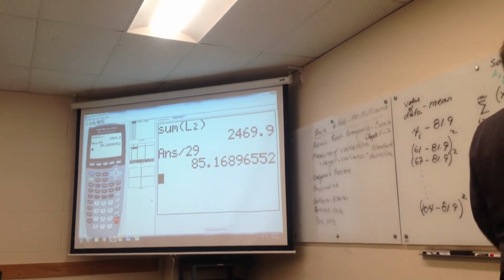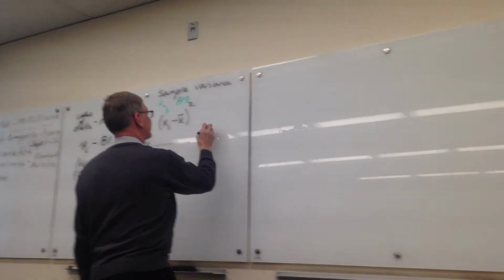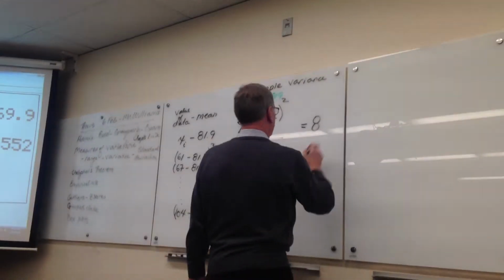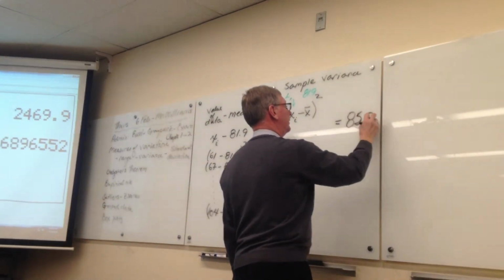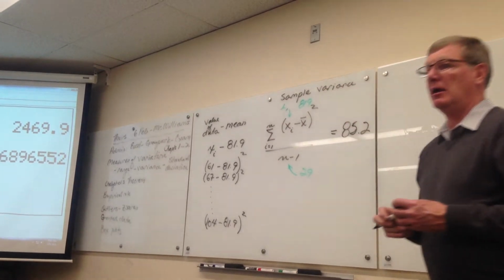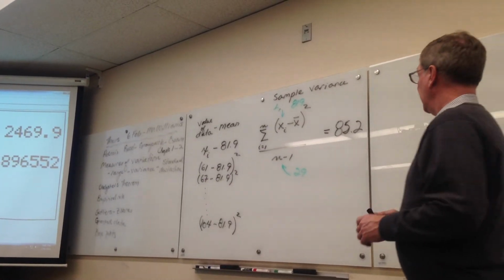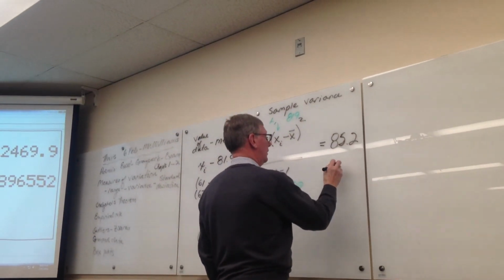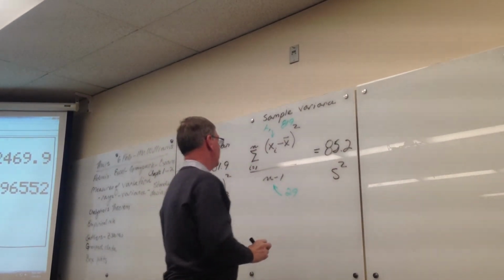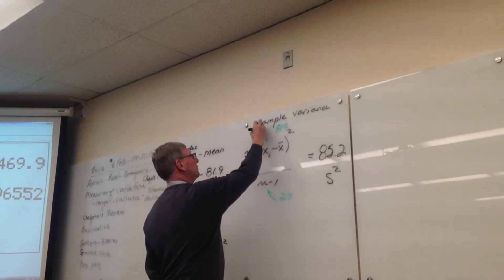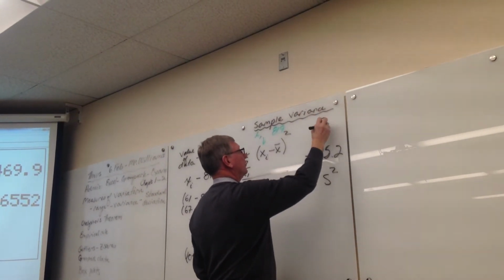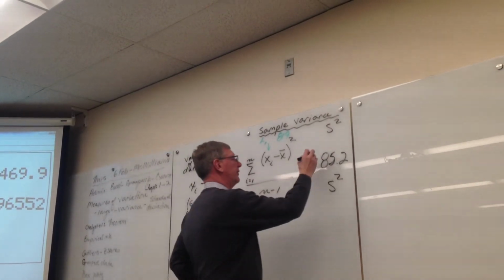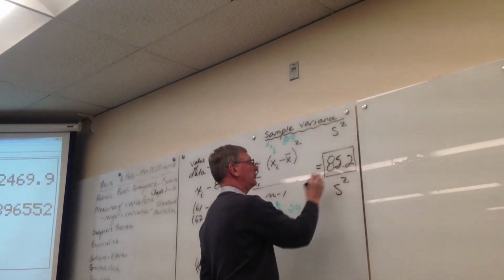Okay, so our sample variance is 85.2. And the symbol for sample variance is S squared. So sample variance, which is S squared, is 85.2.